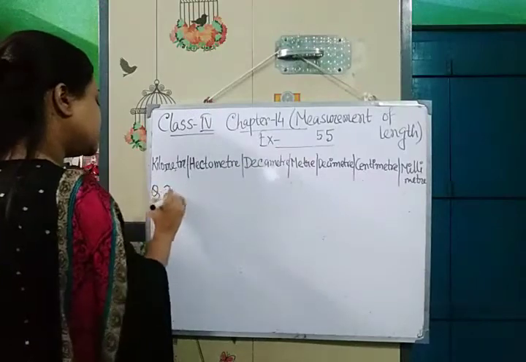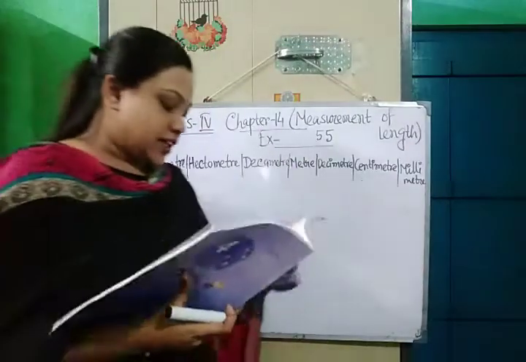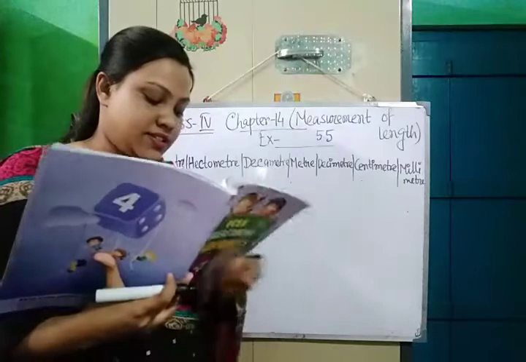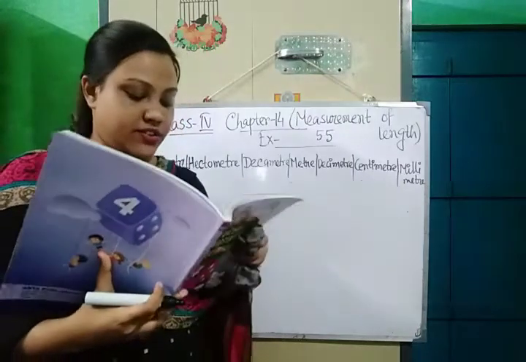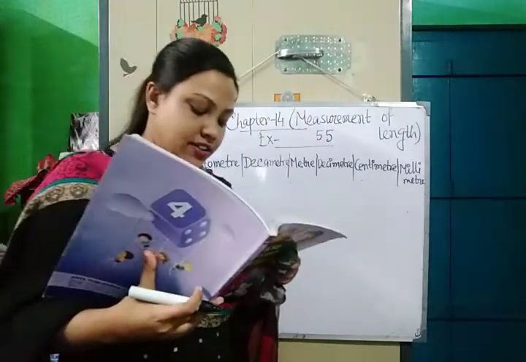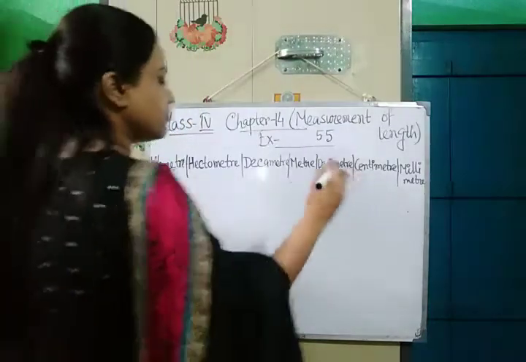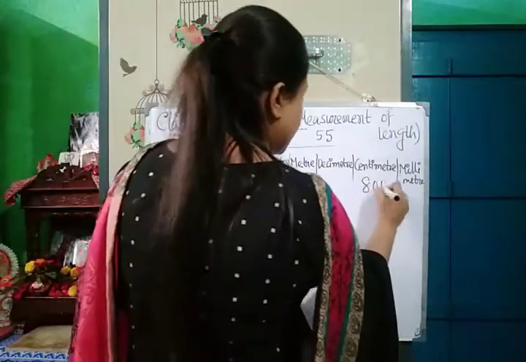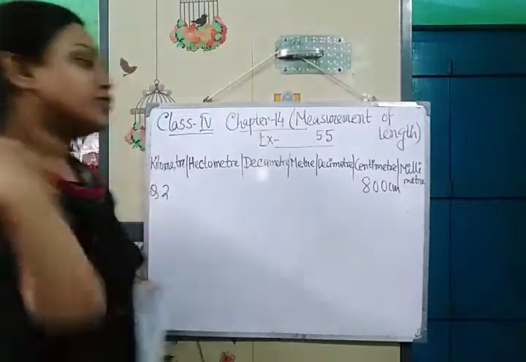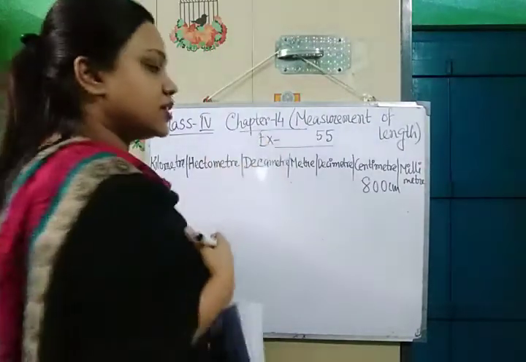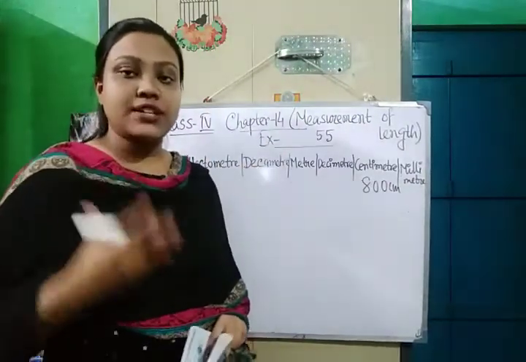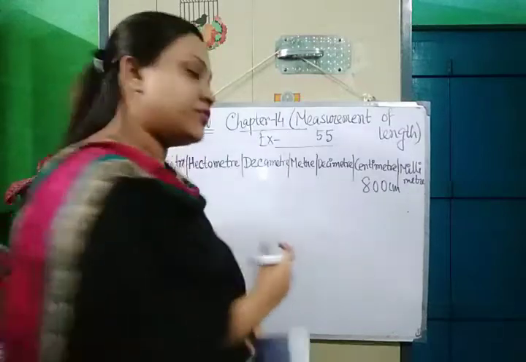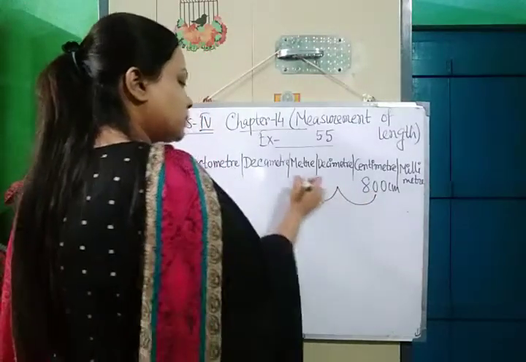That is question number 2. Convert the following into meters when centimeters are given. First one is 800 centimeter, so we have to convert it to meter. To convert it to meter, how many places will we move to the left? 1, 2 places.